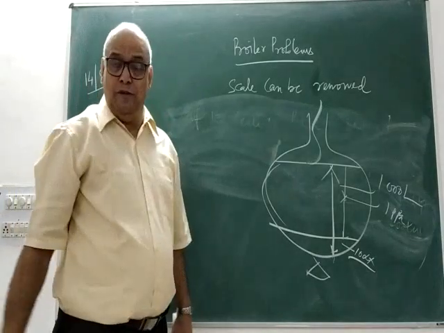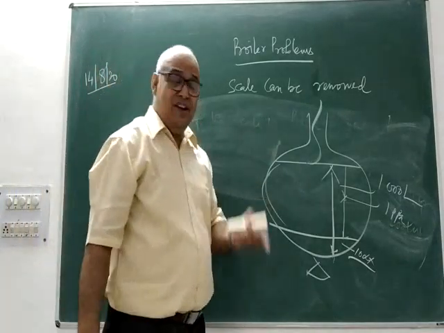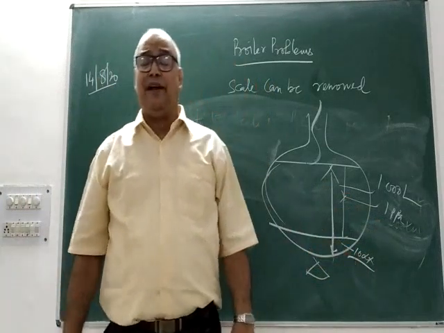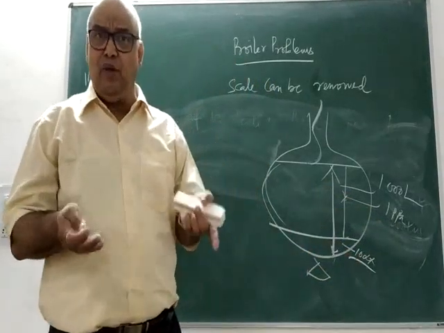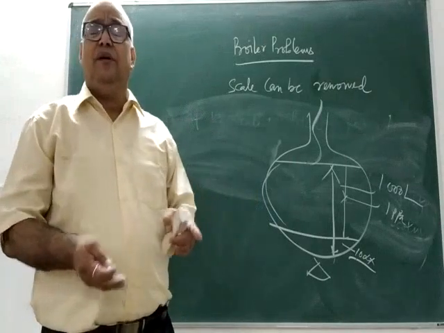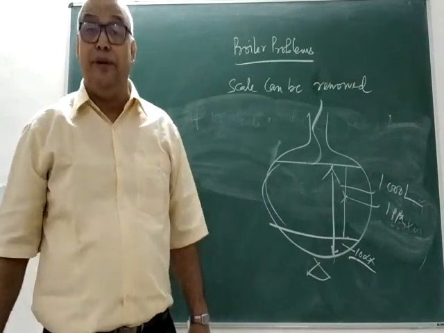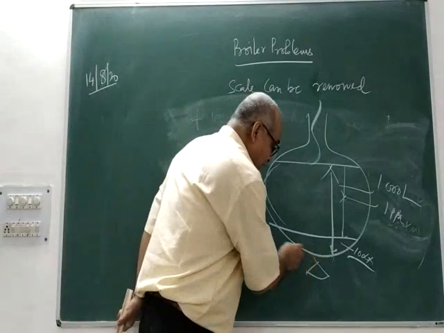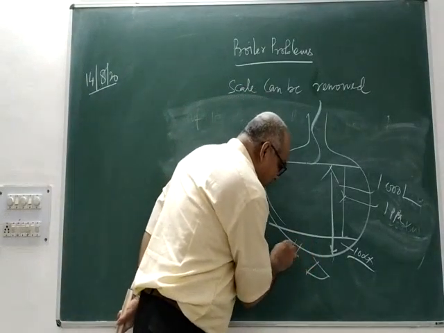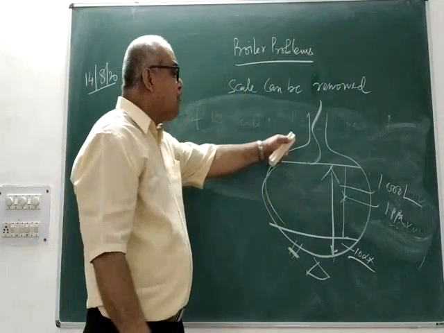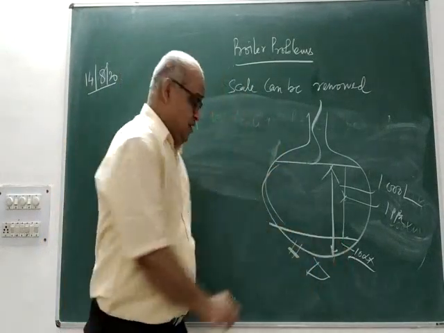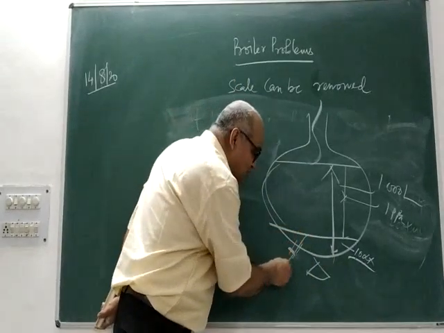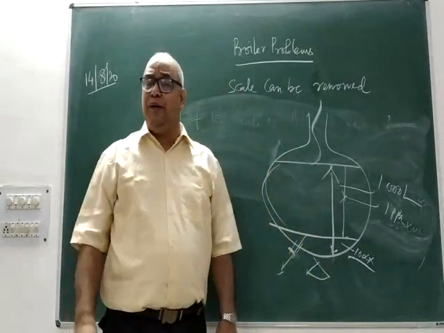Now what do we do? As we have seen earlier, initially hardness was 1 ppm. Now the hardness of this 10 liters water will be multiplied by 100 times, that is 10 into 100, it will be 1000 ppm. So what will we do? Suppose we keep a pipeline here. Once the volume of water is reduced to 10 liters, this valve is opened and the entire 10 liters of water will be thrown out of the boiler.